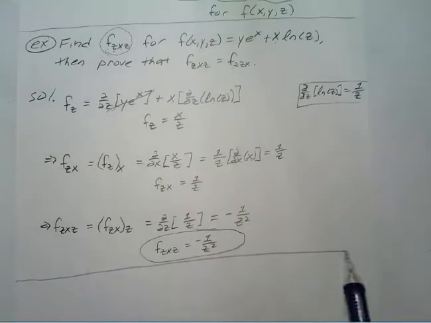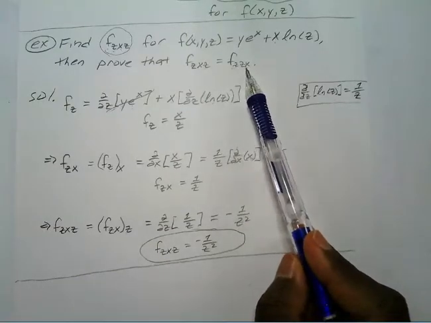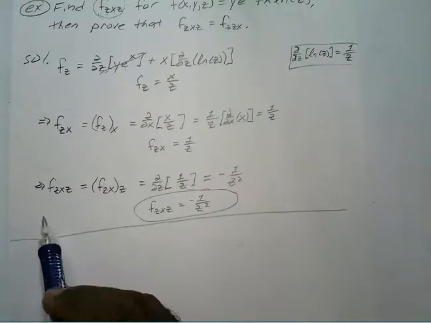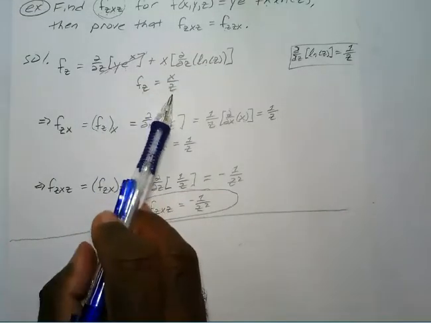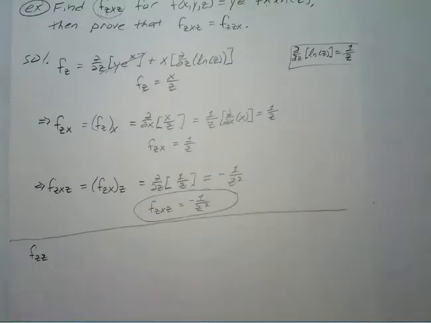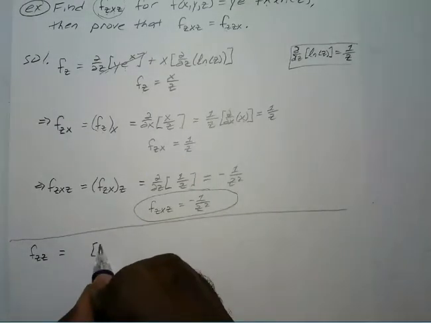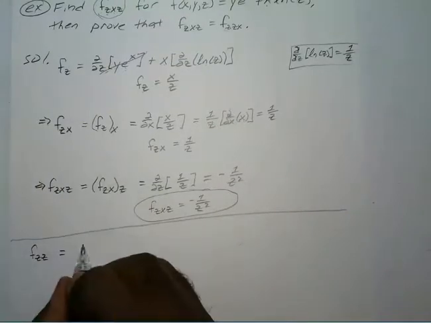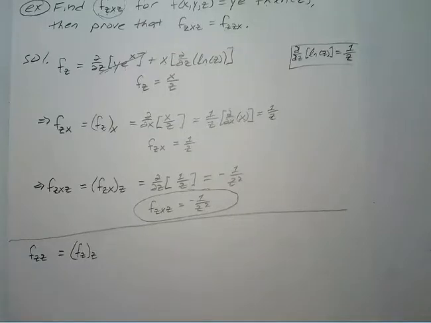Now we just have to show that it's equal to the partial with respect to z, z, then x. We have the partial with respect to z, that's x over z. So the partial with respect to z, then z is our x over z, rewritten as the partial with respect to z and then with respect to z again.